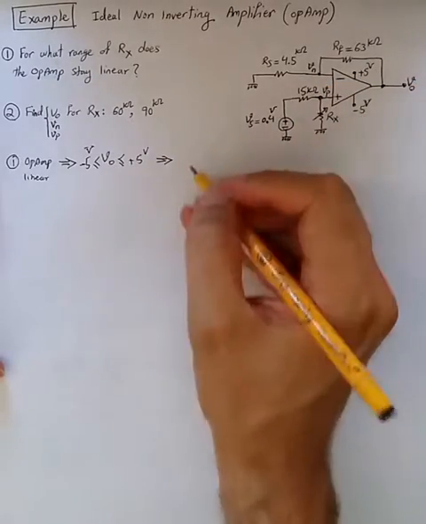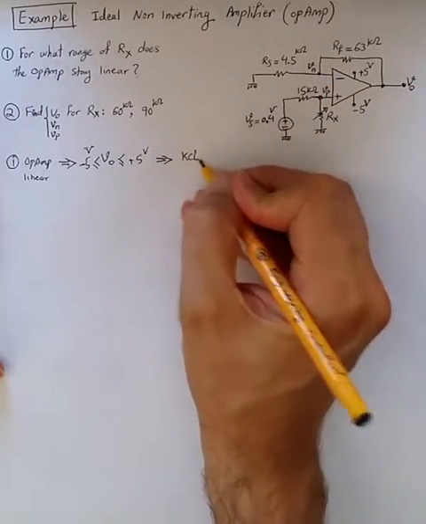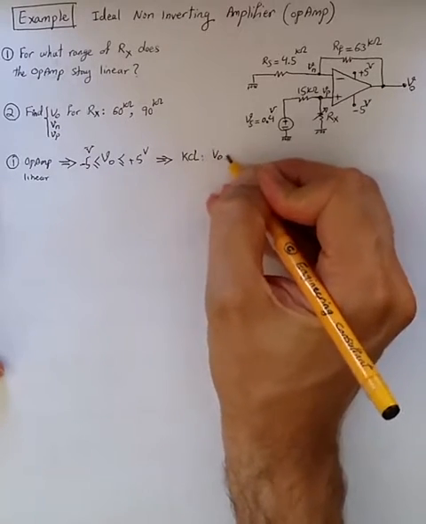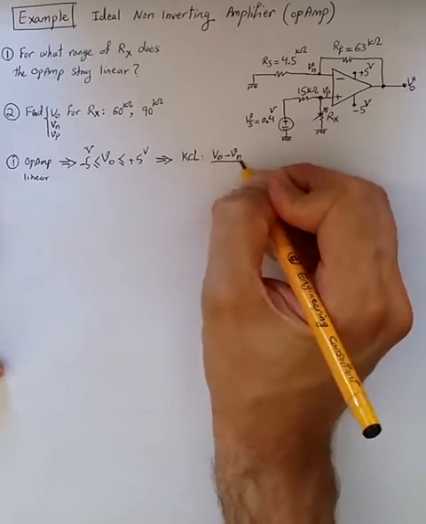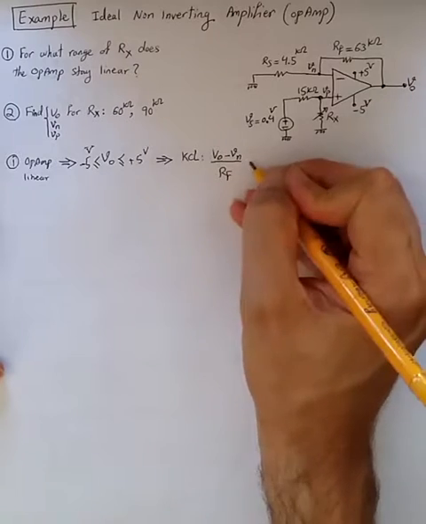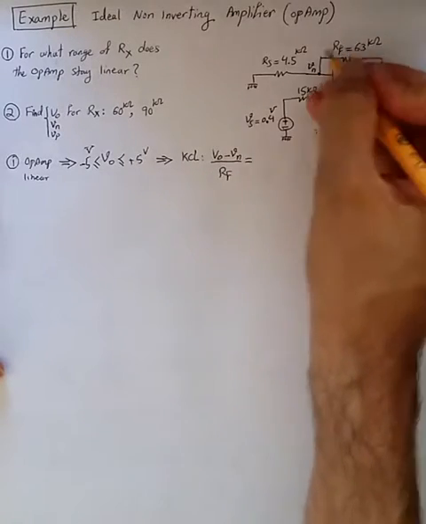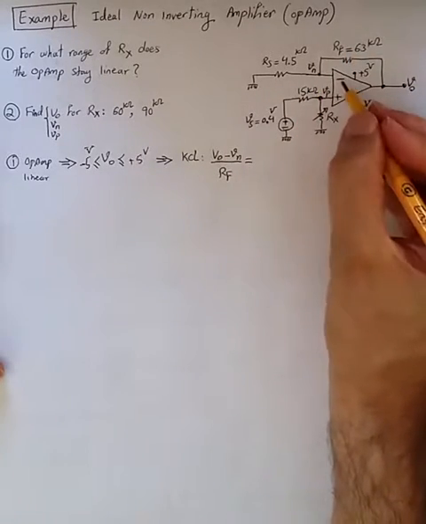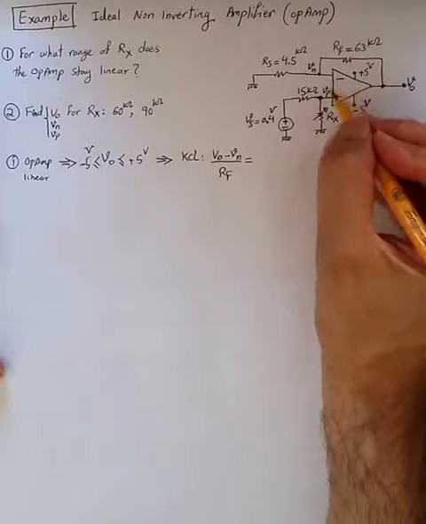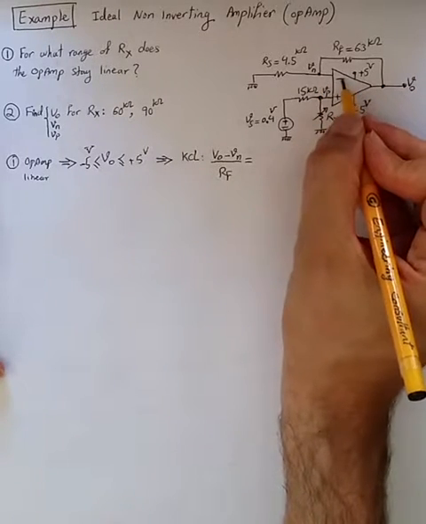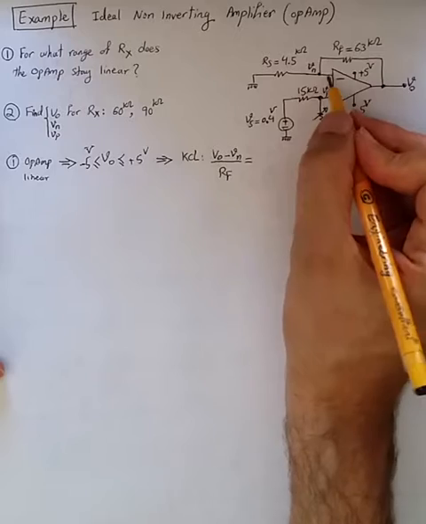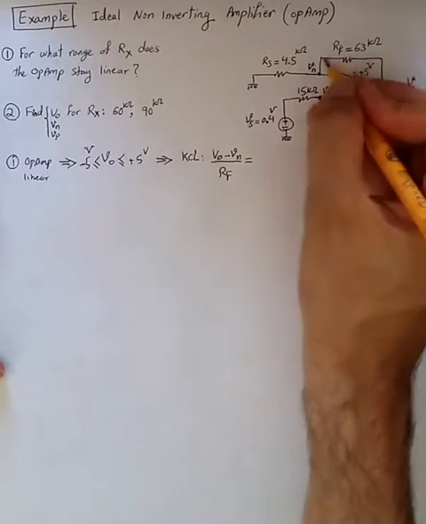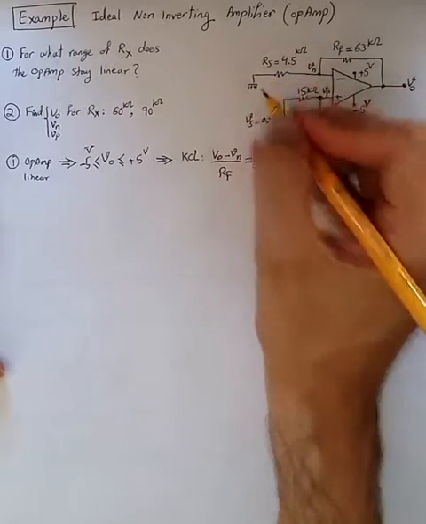From KCL we can say Vout minus Vn divided by Rf is equal to, that's the current flowing this way, given that the op-amp is in linear region and it's an ideal op-amp, so no current coming out of the negative terminal. So the current going this way should continue going through Rs.